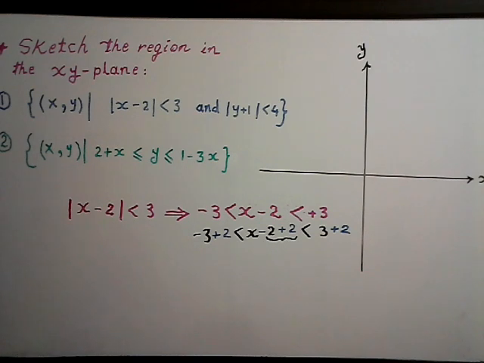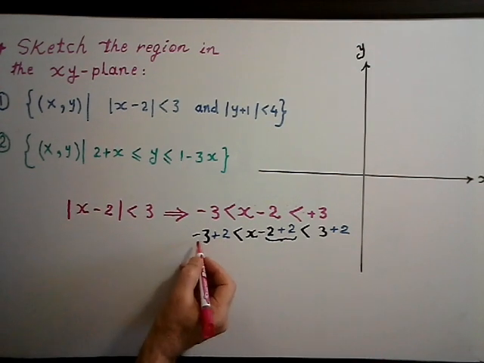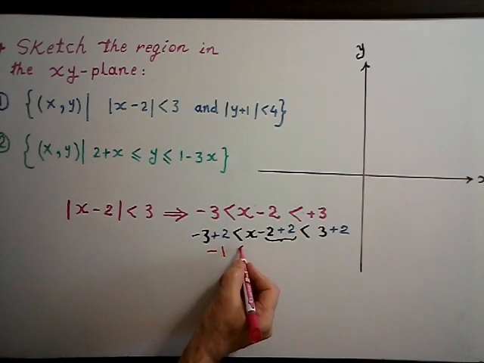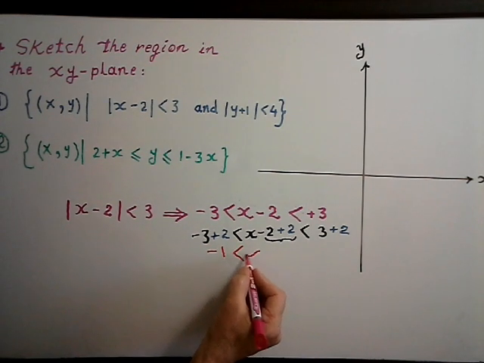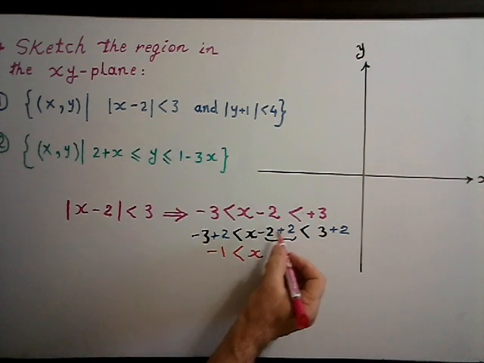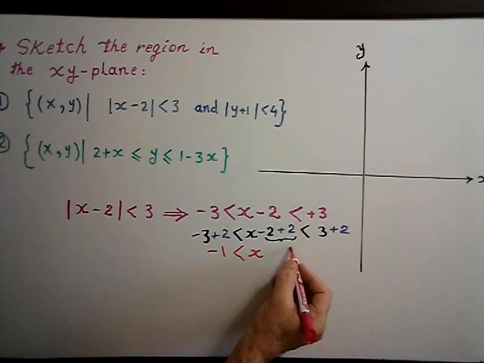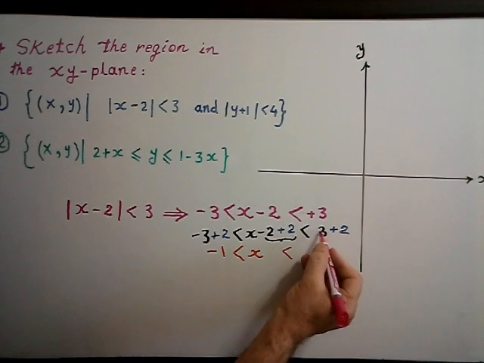Now, the result of this system, here negative 1 is less than x, where negative 2 and plus 2 are 0, and less than here is 5.